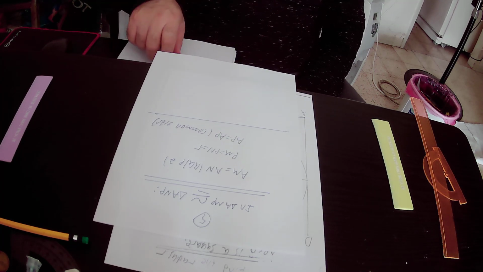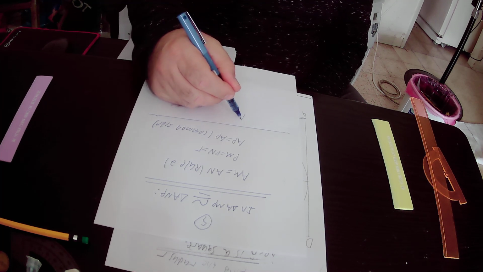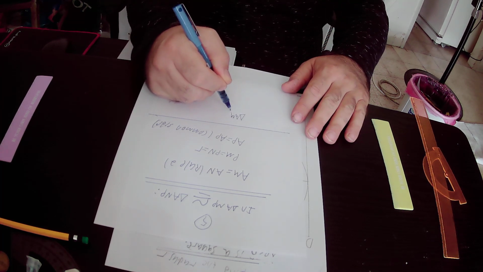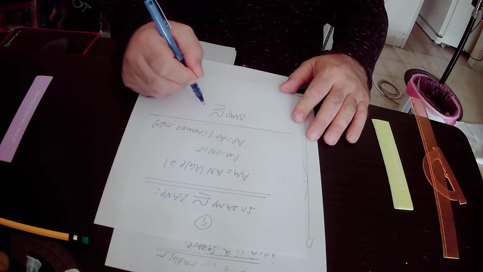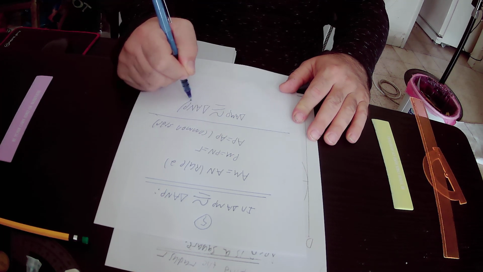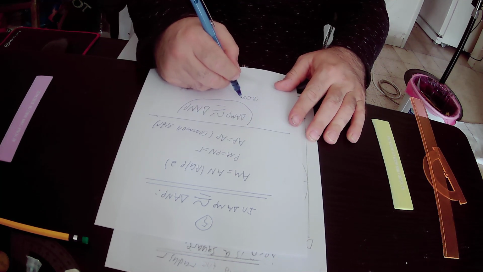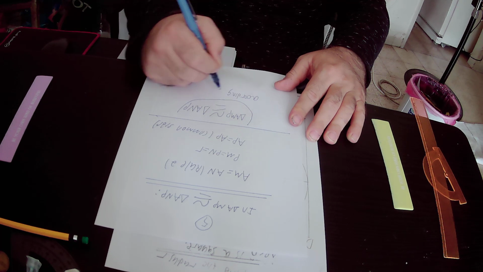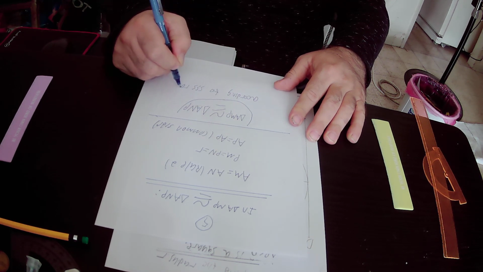We actually proved that the right triangle AMP is congruent, again, this is the sign of congruent, to the right triangle ANP according to side rule.